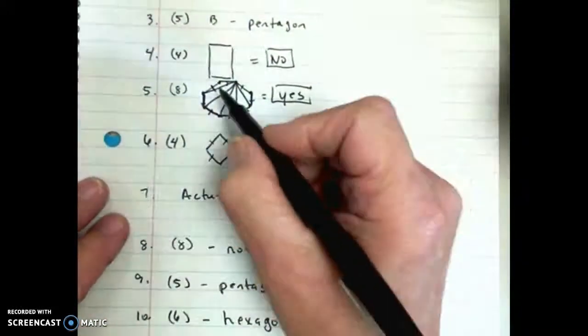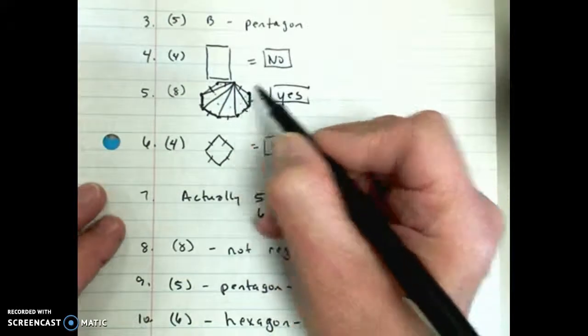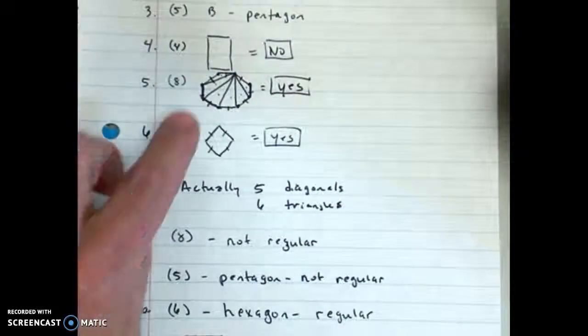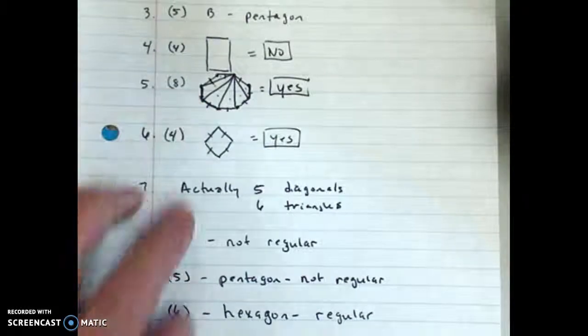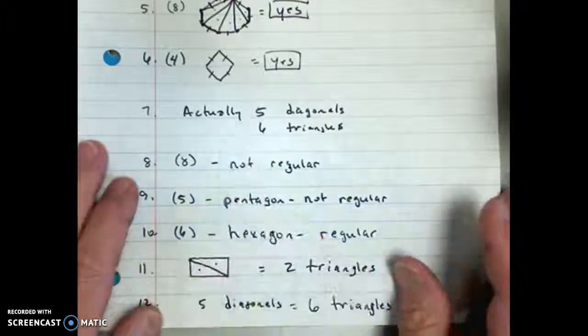And we have 1, 2, 3, 4, 5, 6 triangles. There are 6 triangles. If you didn't draw the octagon for number 5, then you need to draw that down on number 12. But it should already be there.